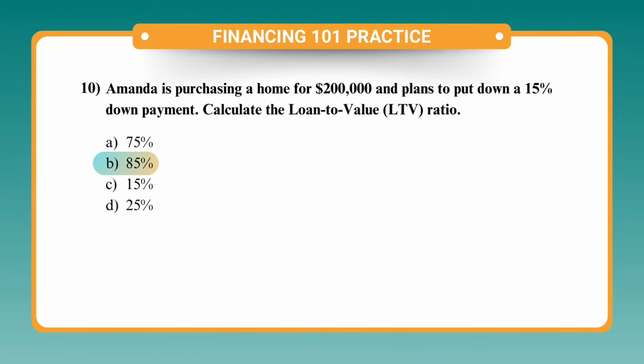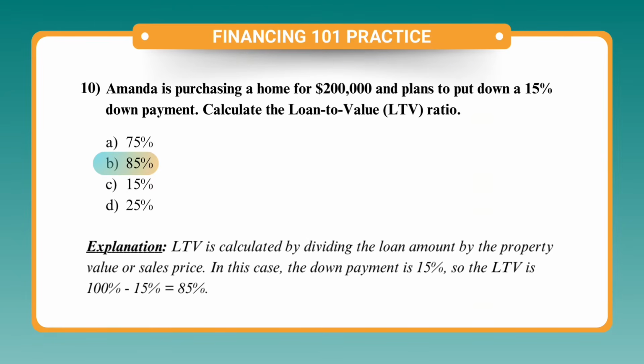The answer is B, 85%. Loan-to-value, or LTV, is calculated by dividing the loan amount by the property value or sales price. In this case, since the down payment is 15%, the LTV is just 100% minus 15%, which equals 85%.